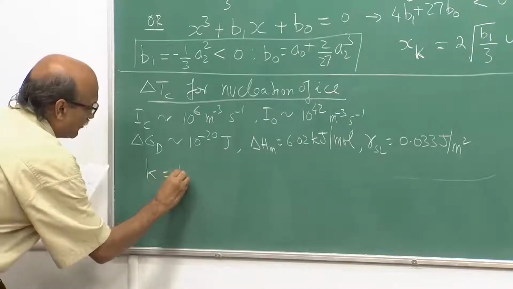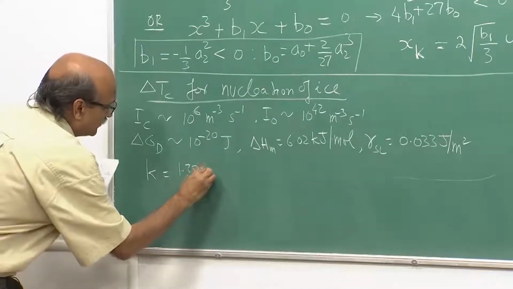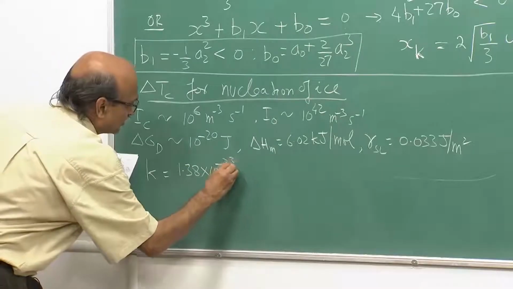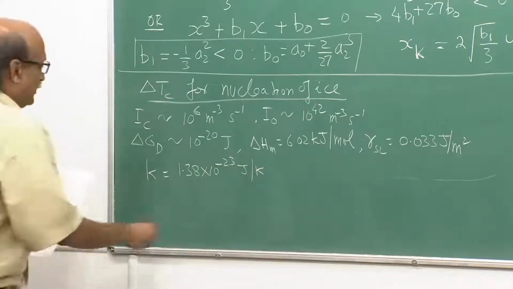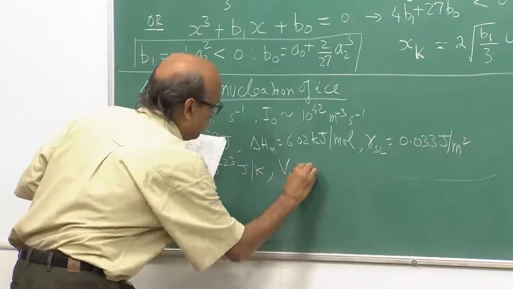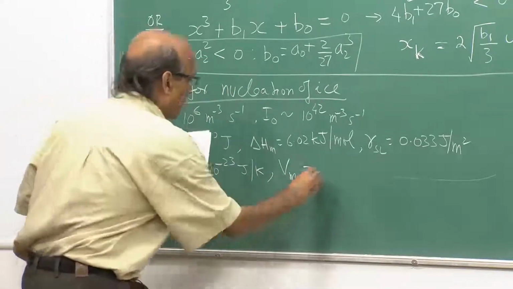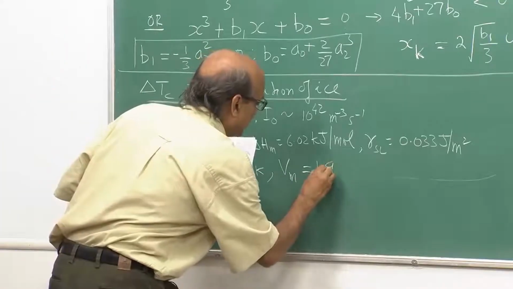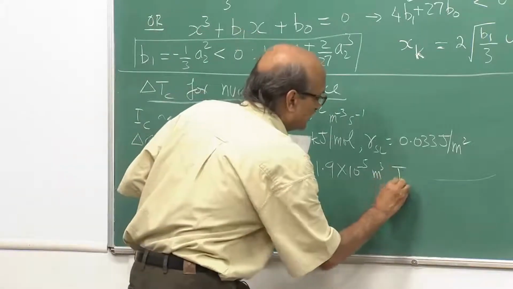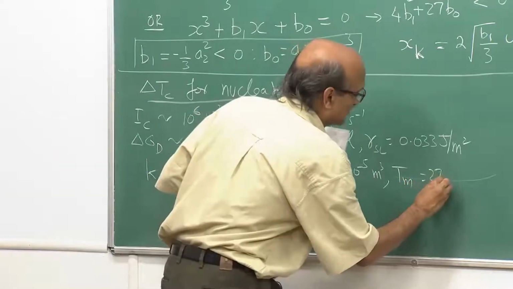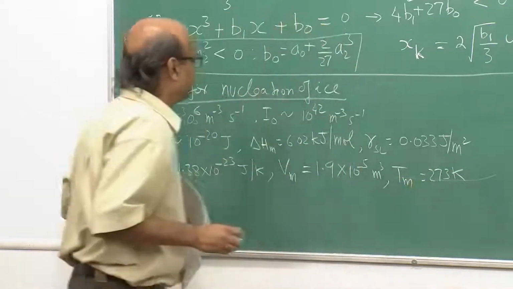Boltzmann constant 1.38 into 10 to power minus 23 joules per Kelvin. Molar volume Vm is equal to 1.9 into 10 to power minus 5 meter cube, and of course, the melting point is 273 Kelvin.